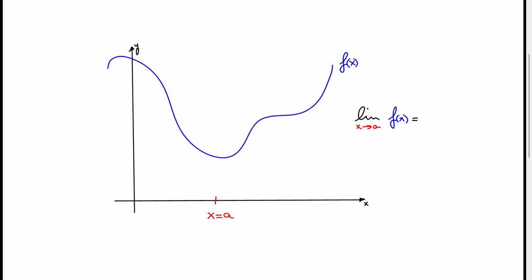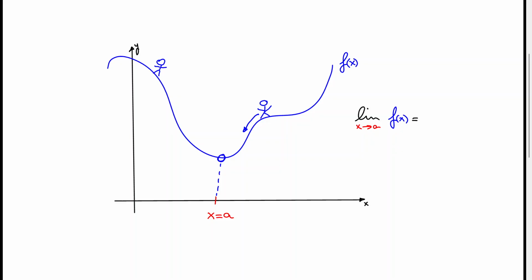I want you to pretend for a moment that this function is like a highway, and you are walking or driving along on this highway, either from the right to the left or from the left to the right. We want to know what your destination is. The destination in this case is the place where x would be equal to a.